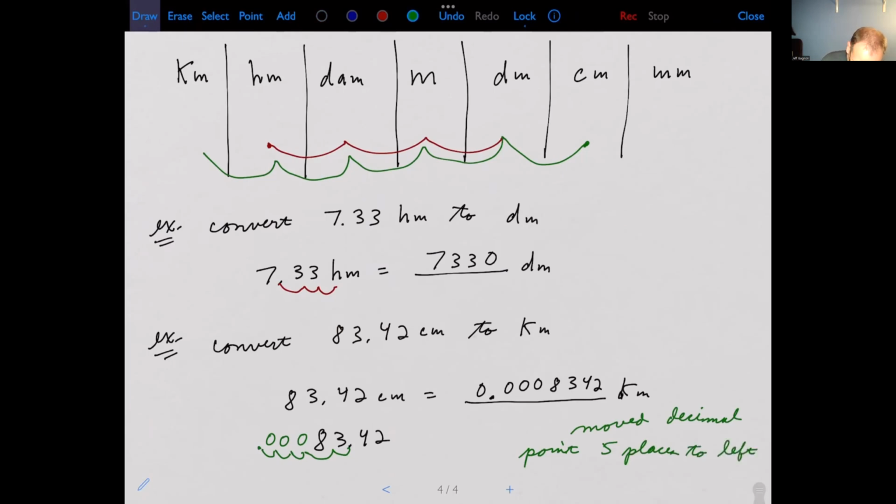In the previous example over here, I moved the decimal point 3 places to the right.